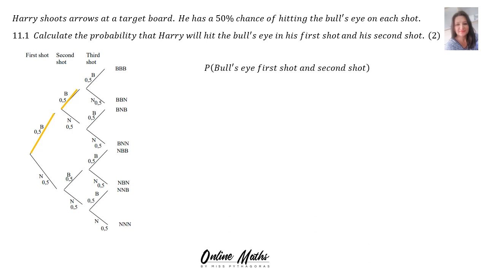So we write P, probability the bull's eye first shot and second shot, is then 0.5 times 0.5, which is 0.25 or a quarter. And then where are the marks? The marks are on the 0.5 times the 0.5 and then your final answer.